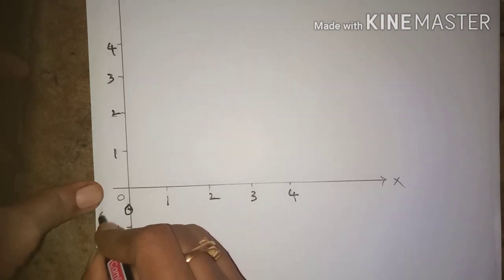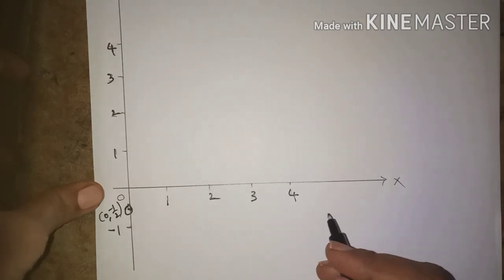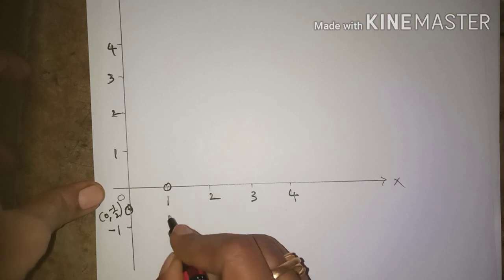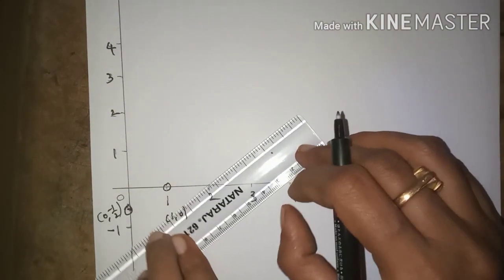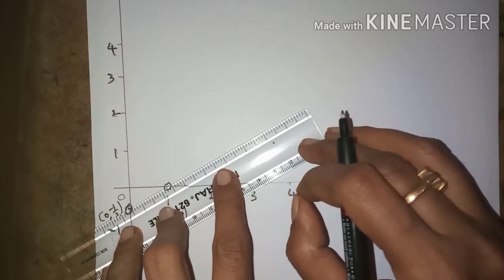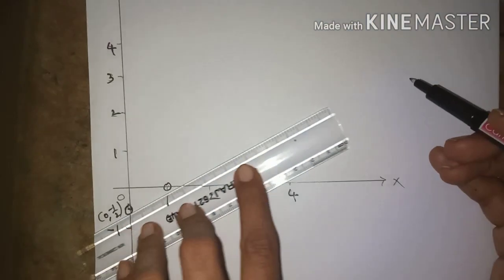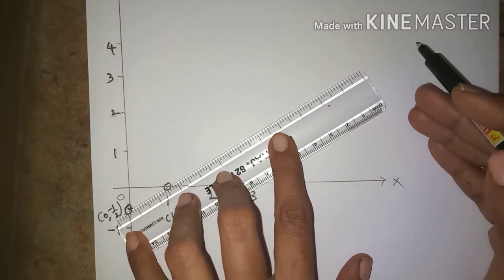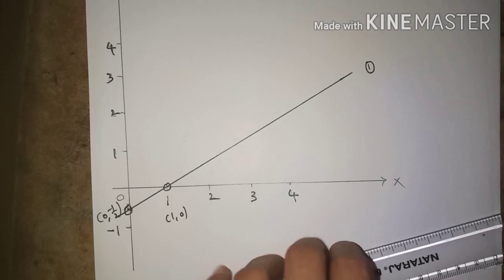And another point is (1, 0), here. Join the 2 points with the help of the scale. Now this is the first equation.